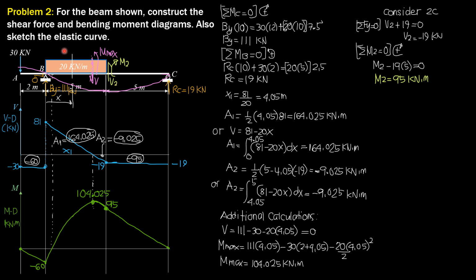Another way is you set up the shear equation in this segment, 81 minus 20 times x, then set that to 0 because we want to find the distance from B where shear is 0. So you will get the same result of 4.05 meters.